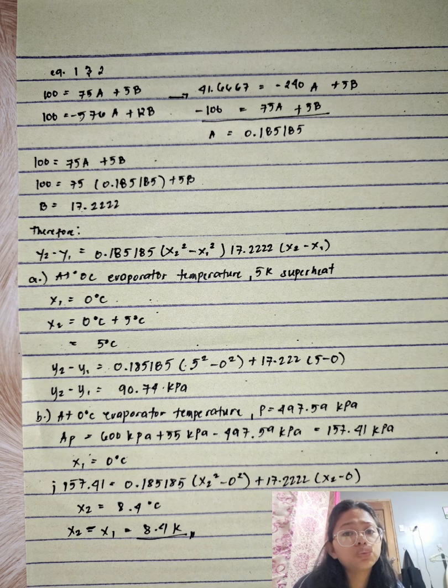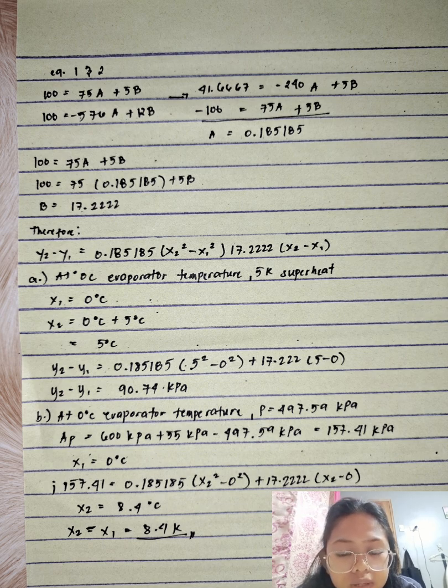To solve equations 1 and 2, we combine them. For the first, equation 1, we have 75A plus 5B. So, 41.667 is equal to 240A plus 5B, and 100 is equal to 75A plus 5B.